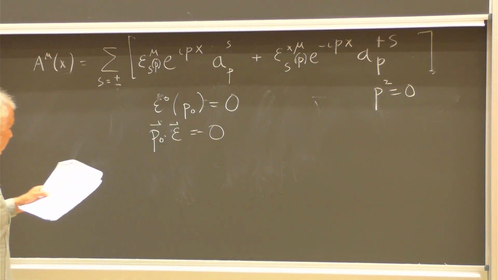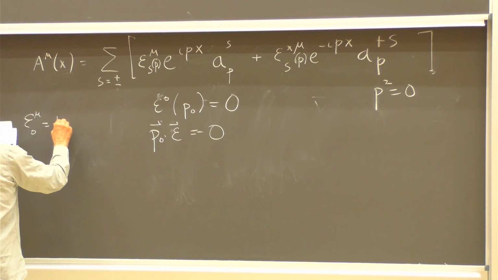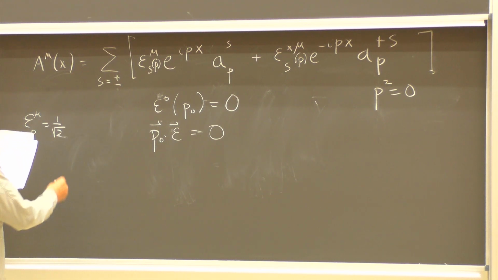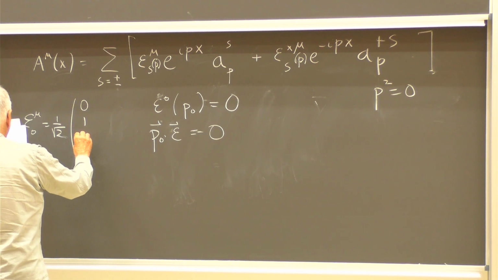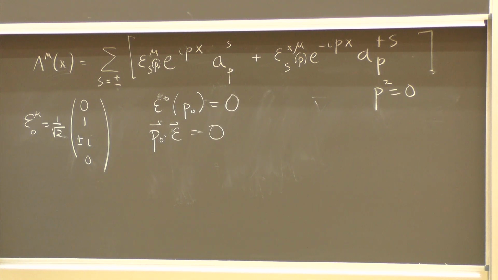So explicitly, you can write it with some arbitrary normalization, which is chosen for convenience. I'm using this one, others use another one. So we have two polarization vectors describing a spin 1 particle, with two possible polarizations, plus and minus 1.